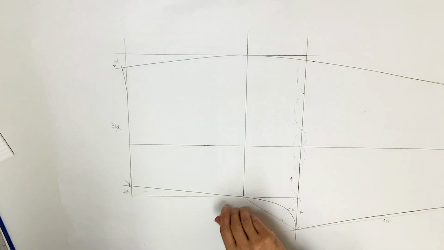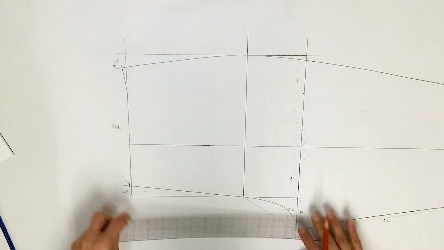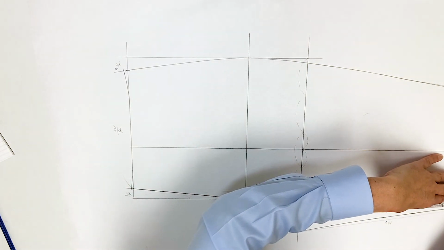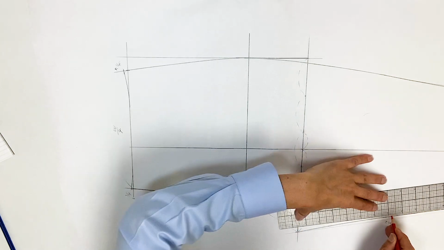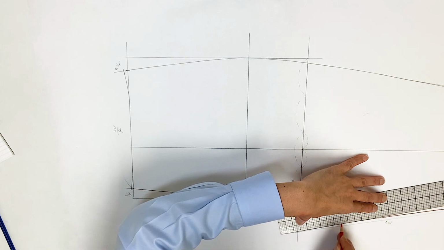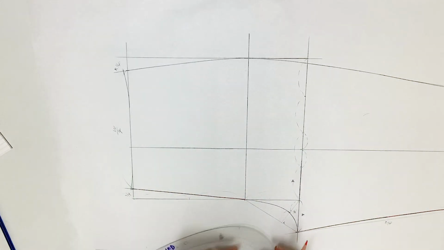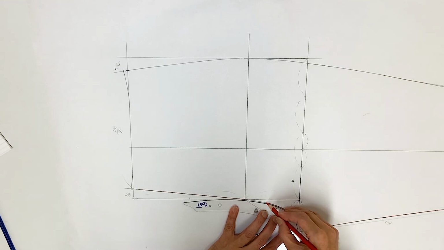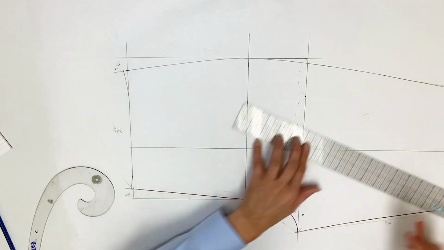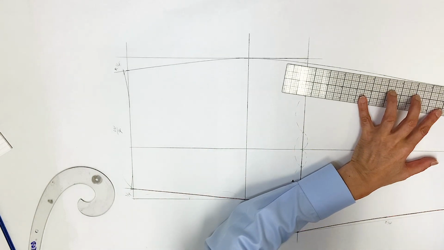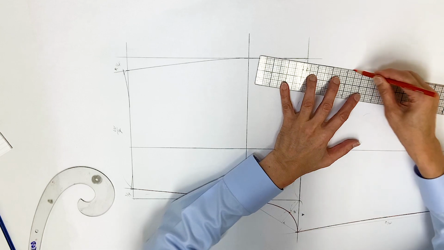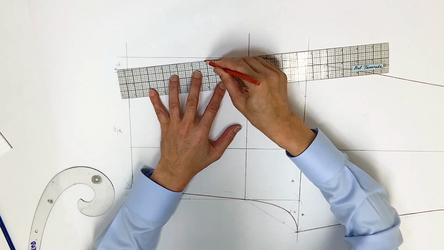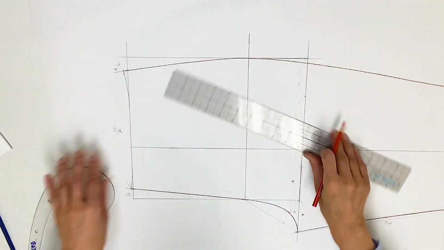So I'm going to mark the front pant with red lines, so you can distinguish it.